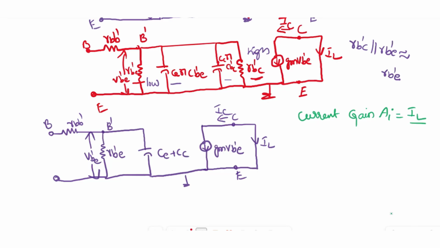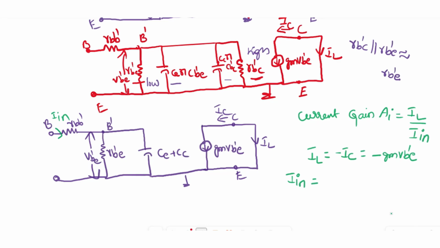Input current, let it be Ii. IL is nothing but minus Ic. See here, IL and Ic are in opposite directions, and Ic is in the direction of gm Vb'e. You can consider this as minus gm Vb'e. And what is Ii?